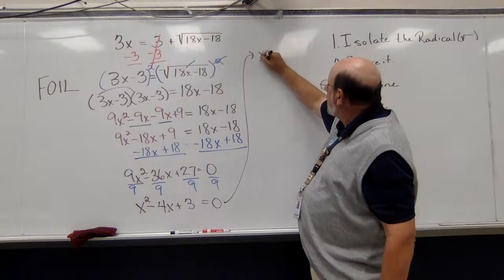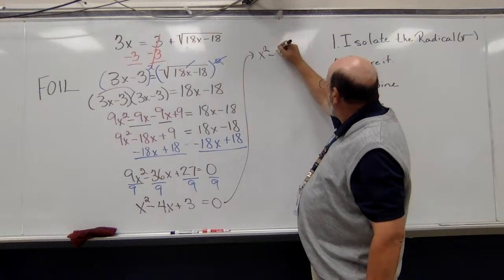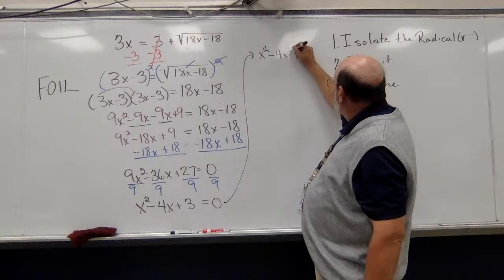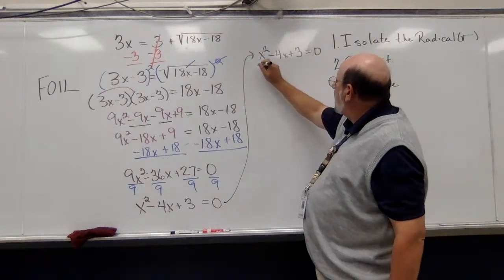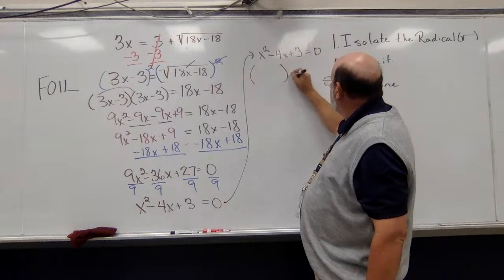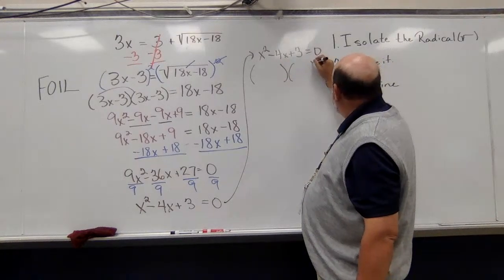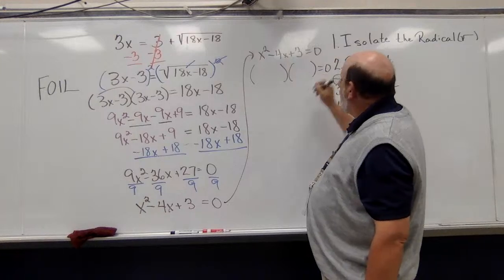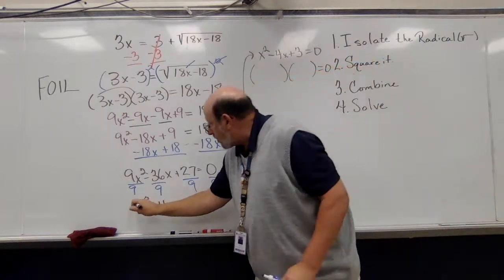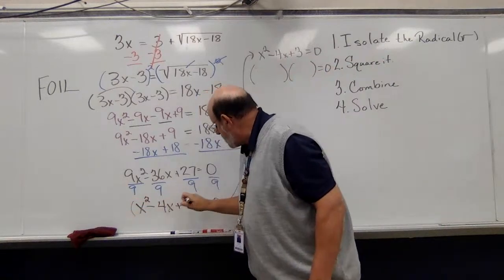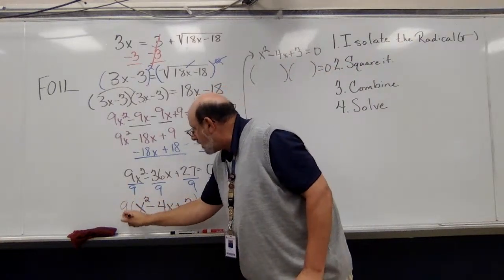So I have x squared minus 4x plus 3 equals 0. If you don't know how to factor, you're basically unfoiling, right? So really and truly, this is 9 times it, okay?